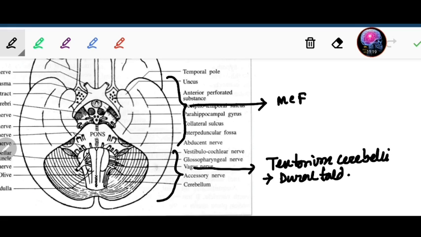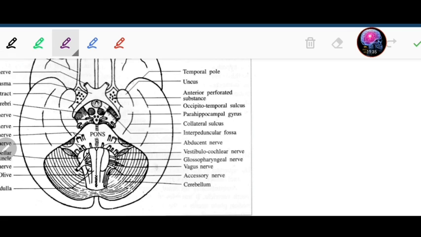The tentorial surface presents 2 anteroposterior sulci, occipitotemporal and collateral. The temporal surface presents 2 anteroposteriorly oriented sulci.